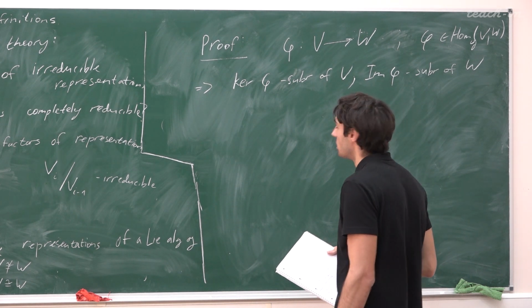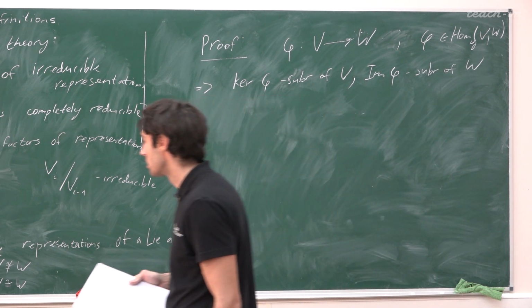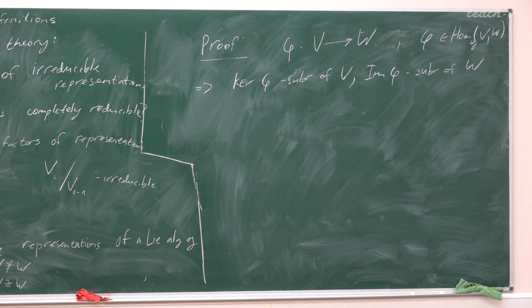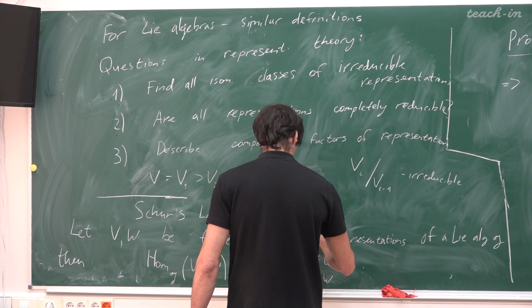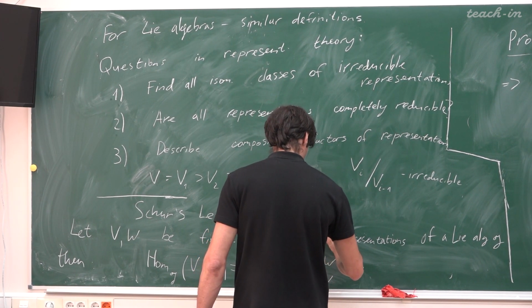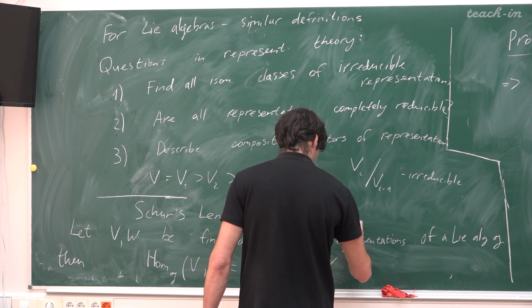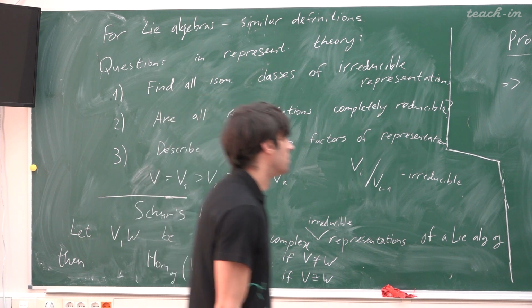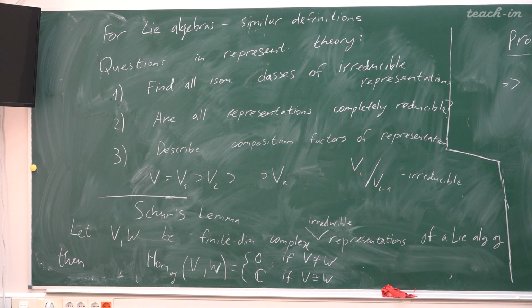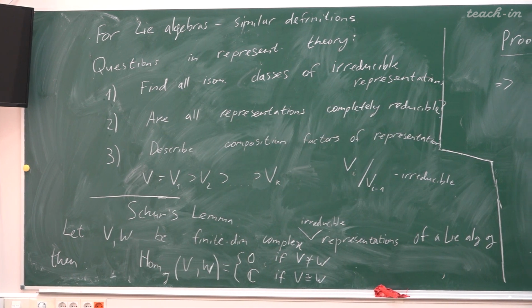Yes, maybe we should demand that the representations be irreducible. Yes, let V and W be finite dimensional complex irreducible representations. You're right, irreducible. This is important, of course, and that's where we're going to use it.